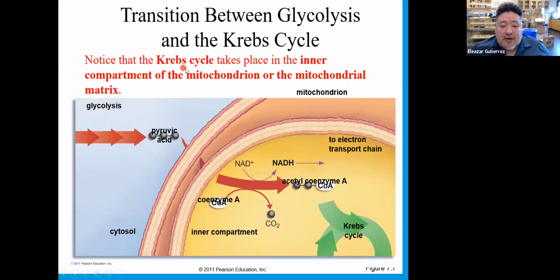So I said, notice that the Krebs cycle takes place in the inner compartment of the mitochondria, or the mitochondrial matrix. Okay? Now, nowhere in the book is it going to say this, and I don't know why, but it takes energy. It takes energy for this pyruvic acid to cross 2 mitochondrial membranes. Okay? You know why?